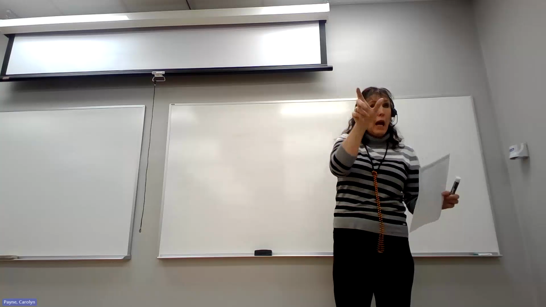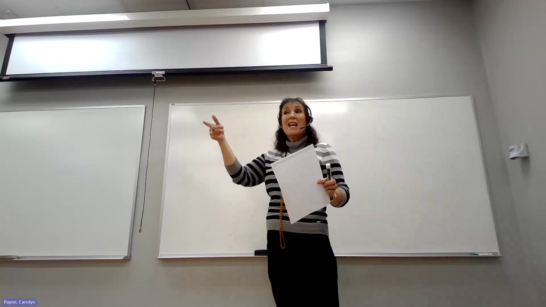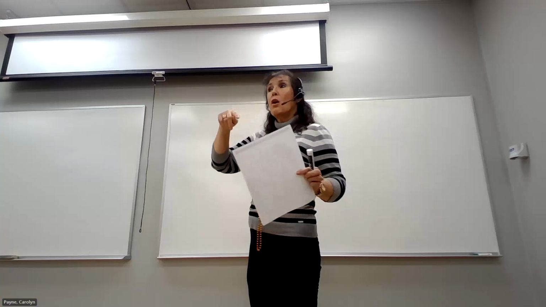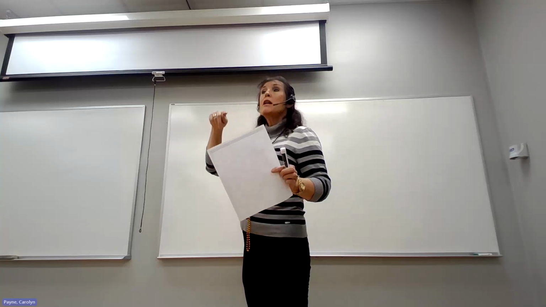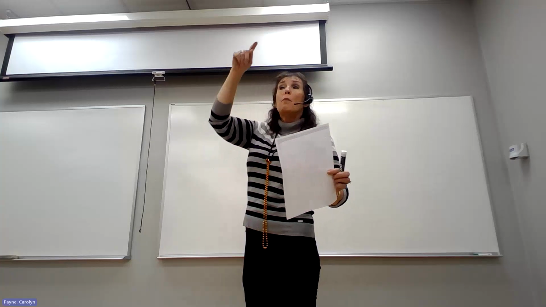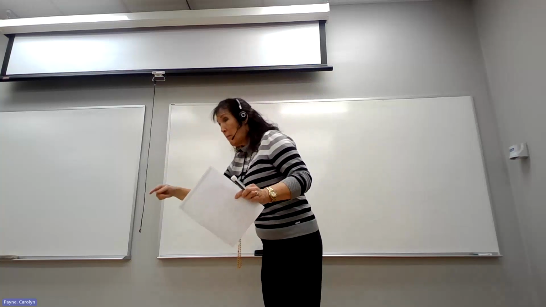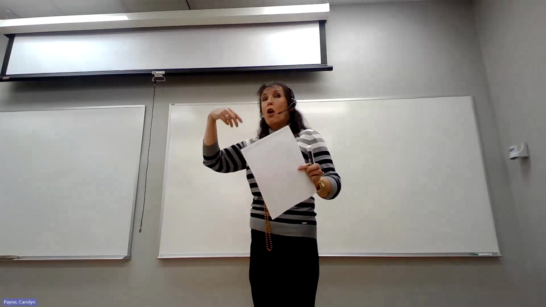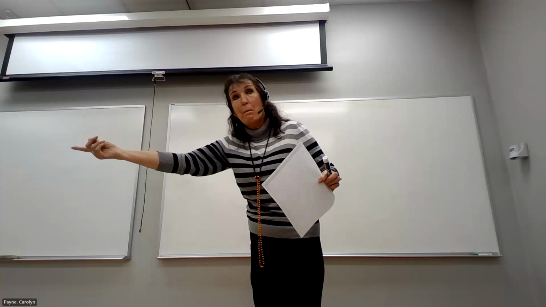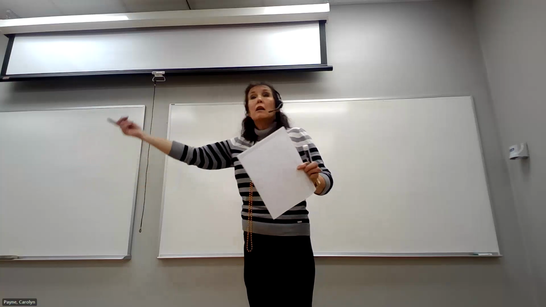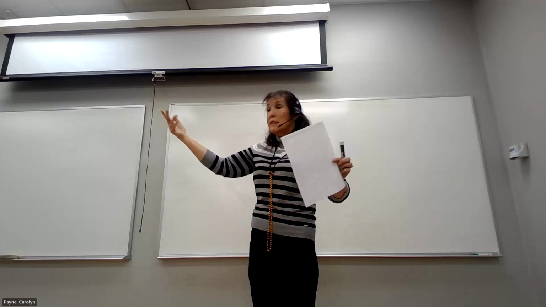Capital plus retained earnings. What's retained earnings? Everything the company earned from the beginning of its life until now, the balance sheet date, that we have not paid out as a dividend.